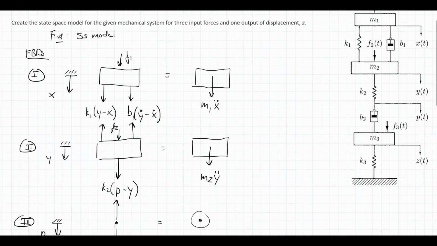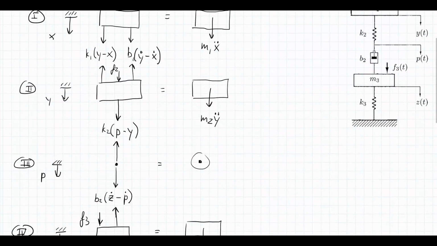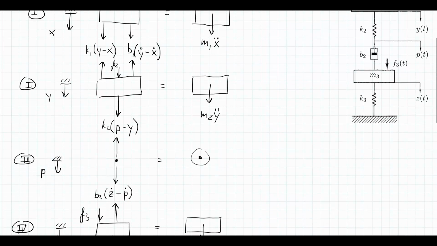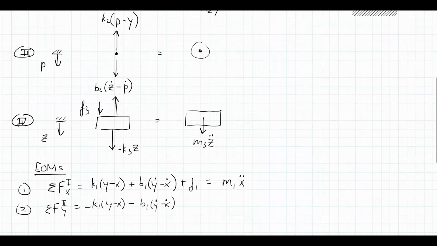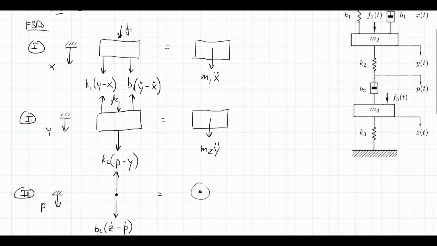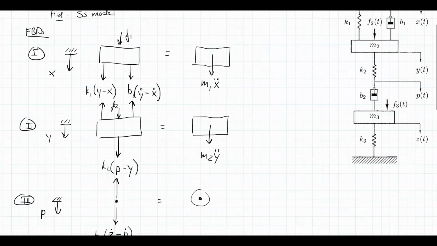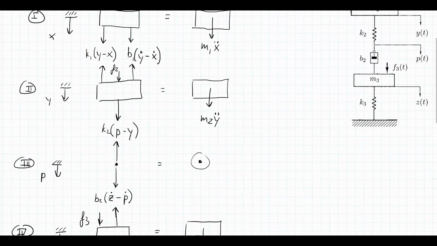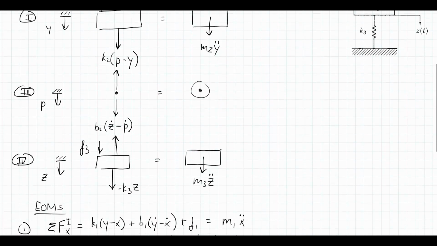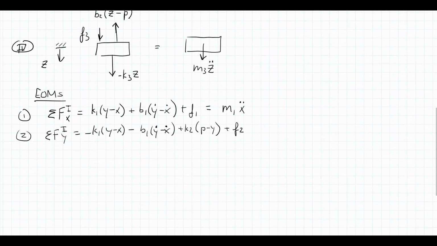Going back to our picture, we have along the y direction the K2 (p minus y), so that's positive. And also in the positive y direction, we have F2 pointing down. So that's along the y direction, so it's positive, and the inertia, the right-hand side while we're here, is going to be positive M2 y double dot. So equals M2 y double dot.